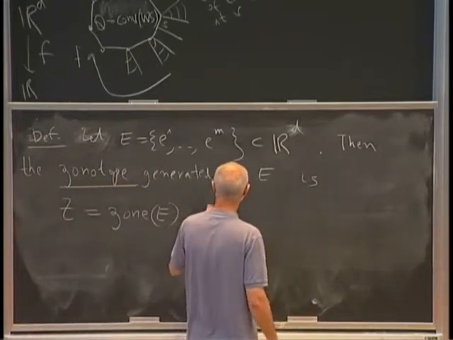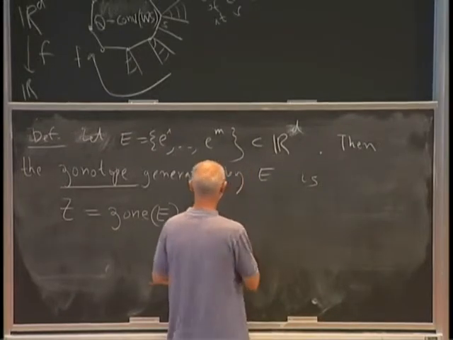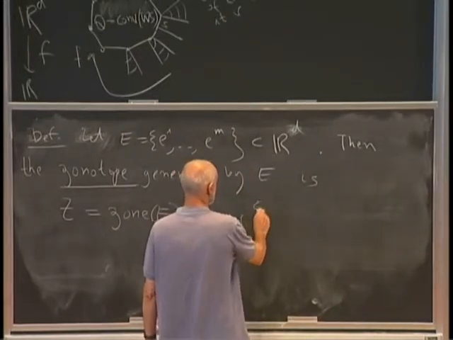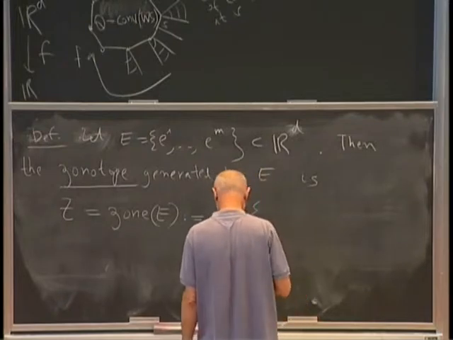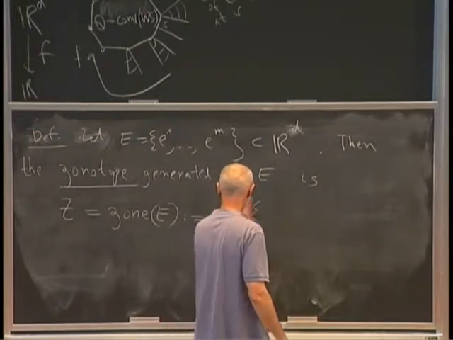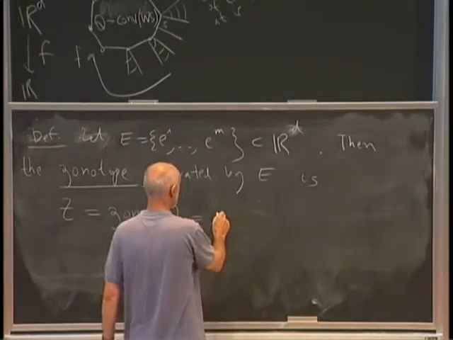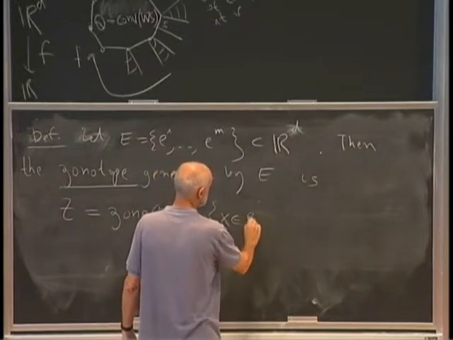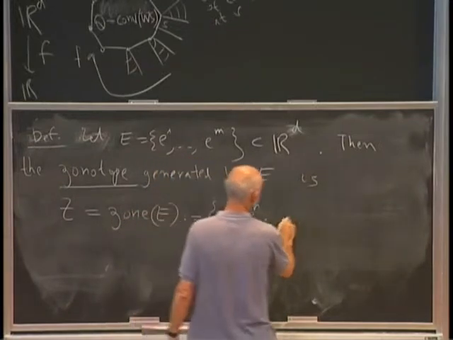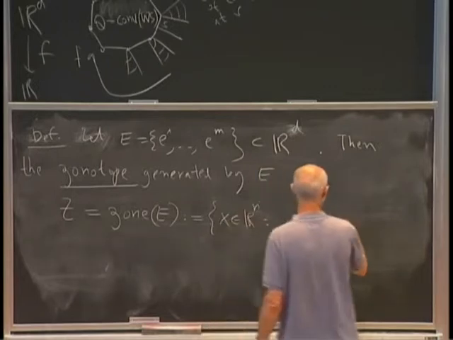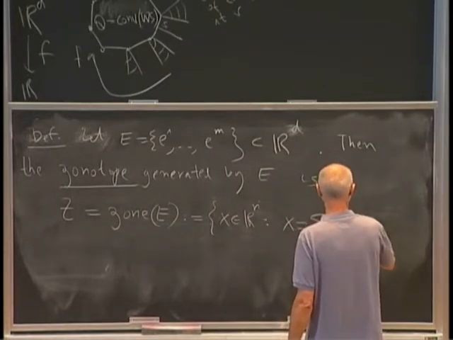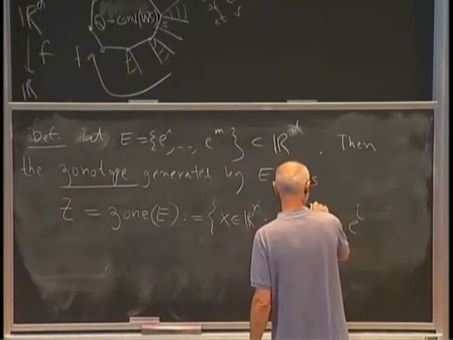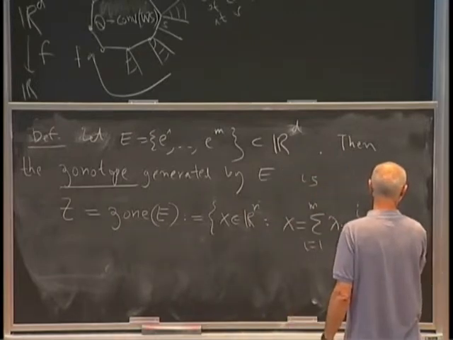Well, there are various ways to define it. Maybe I'll give two definitions. So the definition is the set of all vectors of the form the sum of lambda_i times e_i, where each lambda is between 0 and 1.